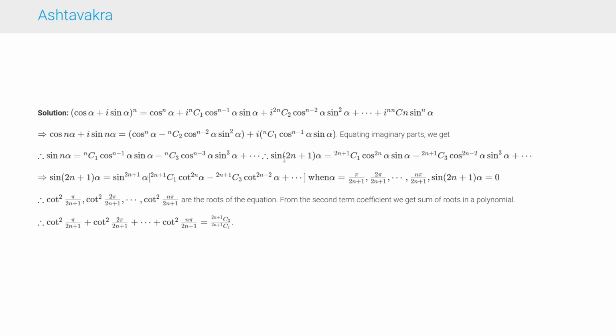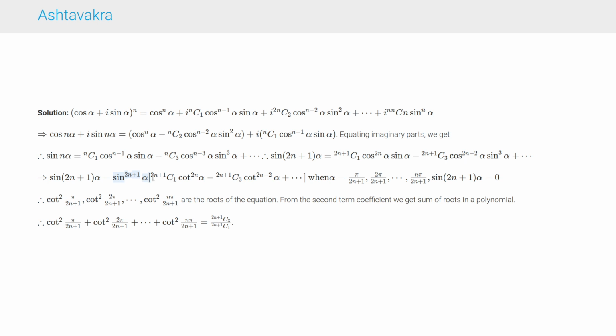So this becomes sin 2n plus 1 alpha is equal to 2n plus 1 c1 cos to the power 2n alpha sin alpha minus 2n plus 1 c3 cos to the power 2n minus 2 alpha sin cube alpha and so on. So the left hand side is sin to the power 2n plus 1 alpha, and then we take sin to the power 2n plus 1 alpha common.